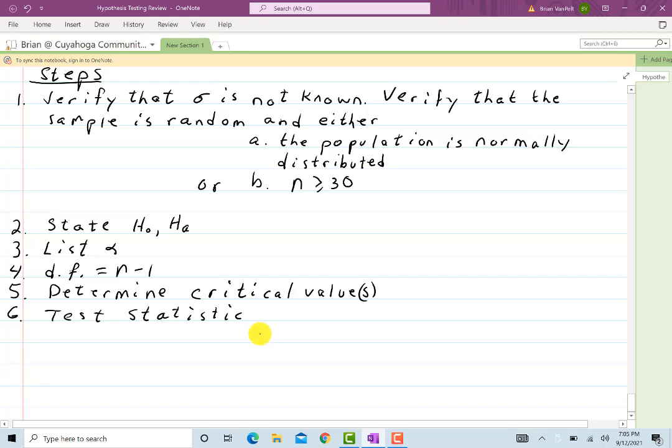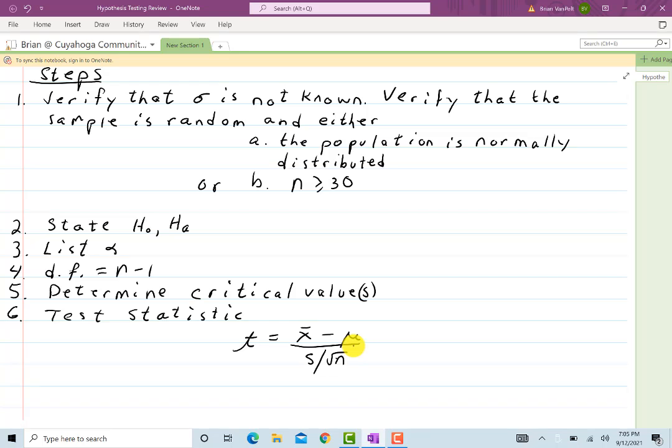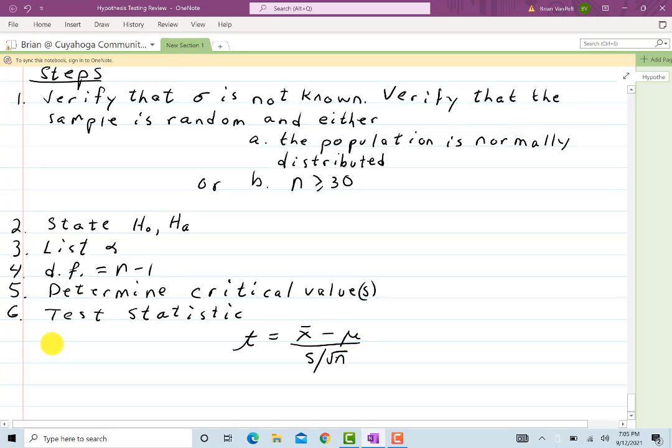So for the test statistic, we have t is equal to x bar minus mu divided by s over the square root of n. And s is the sample standard deviation. Since the standard deviation is not known, we'll use the s that we find in the sample.